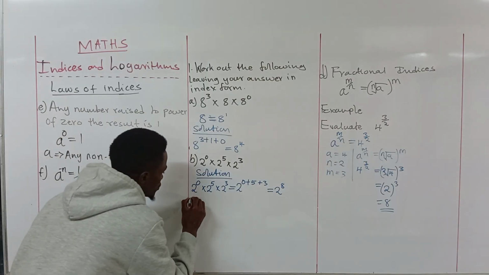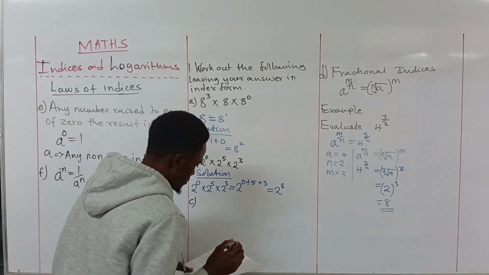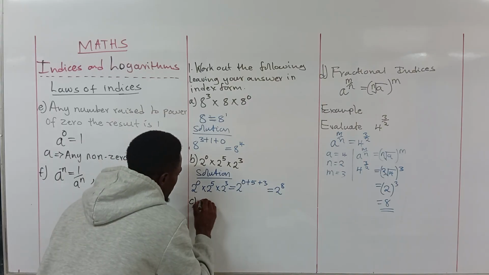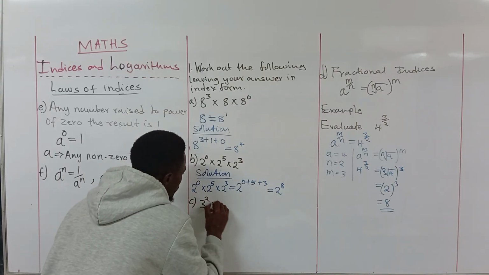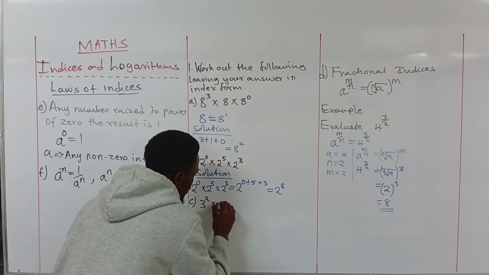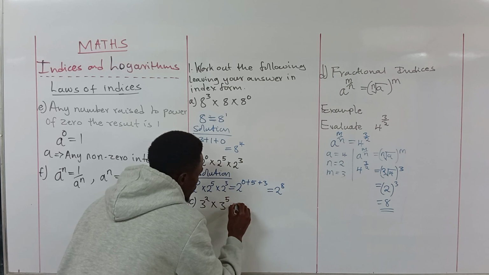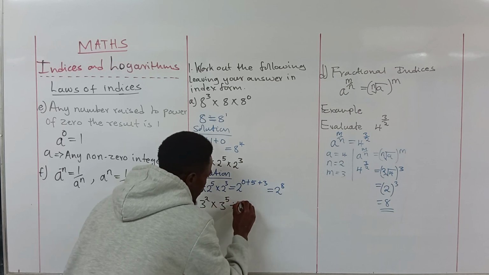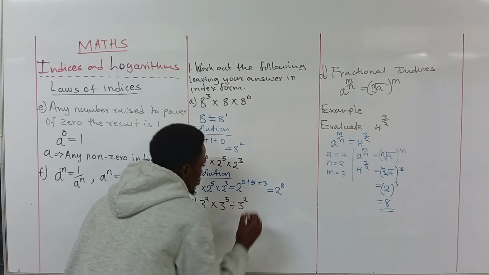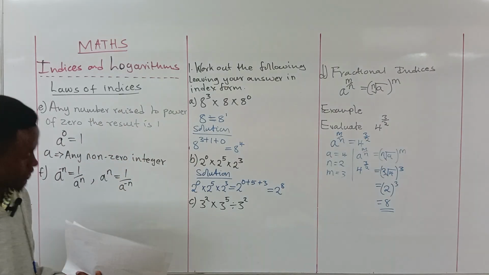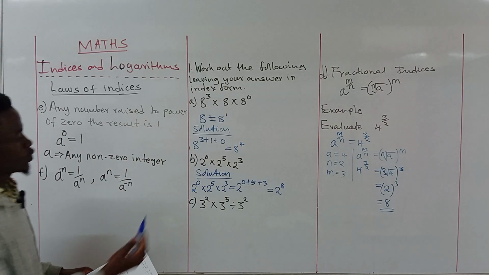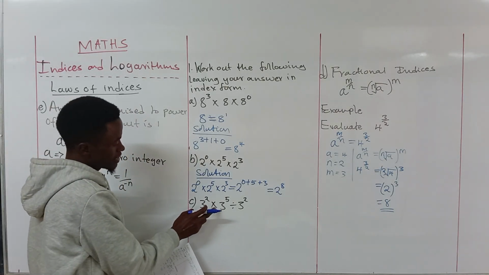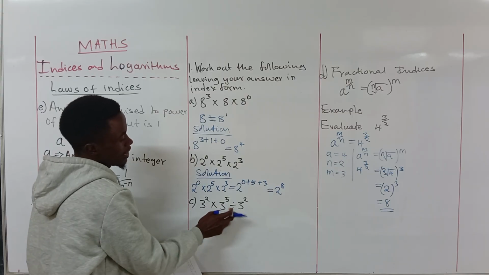So we have the third question here, which we want to attempt. 3 power 2 times 3 power 5 divide 3 power 2. In this case, we have two signs: a multiplication and then a division.